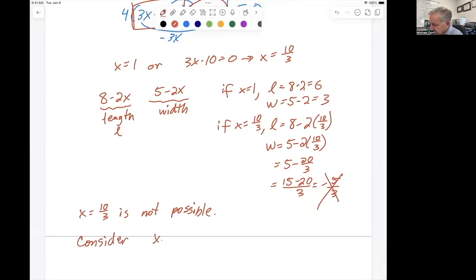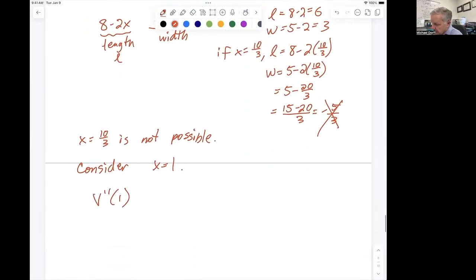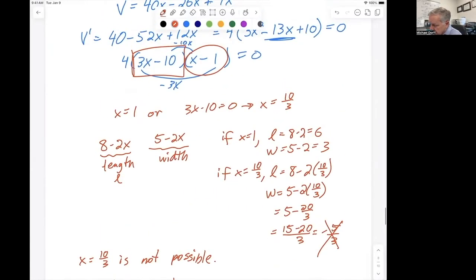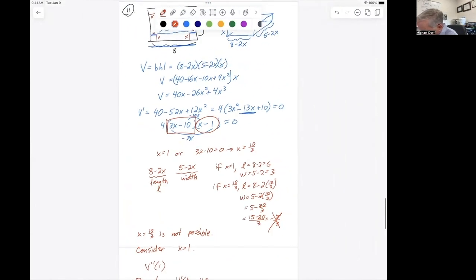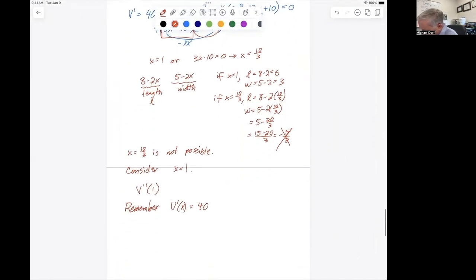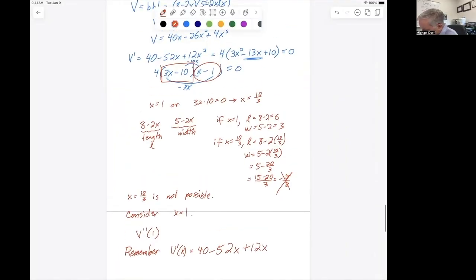Now, some of you may just say, well, okay, that's the answer, we're done. But really what you should be doing is taking the second derivative and figuring out the value at 1. So remember the first derivative right here is equal to 40 minus 52x plus 12x squared.